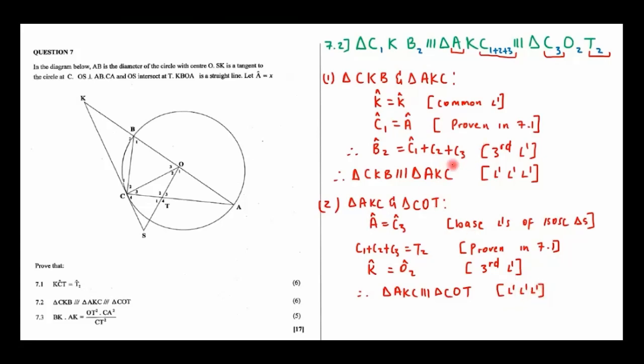Now, because CKB is similar to AKC, and AKC is similar to COT, it means automatically CKB is also similar to COT. So we have proven that all three triangles are similar to one another. I do not have to do the last part; I just need to prove that two are similar, and automatically all of them are similar to one another.